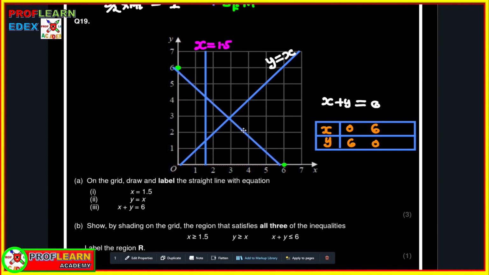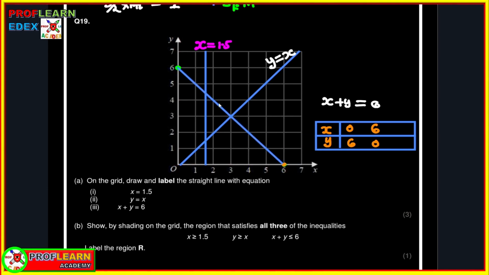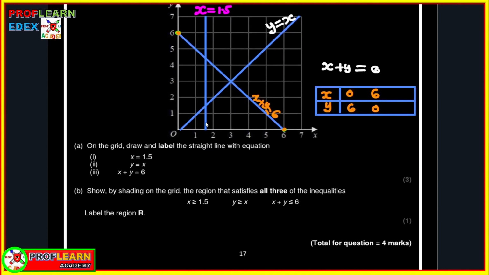Remember, we are supposed to show by shading on the grid the region that satisfies the three inequalities. The first inequality is x is greater than or equal to 1.5. So here the required region is the region in front. That's why I've put those marks there, so that I can check. For the second part, I'm going to select a point so that I can try it.